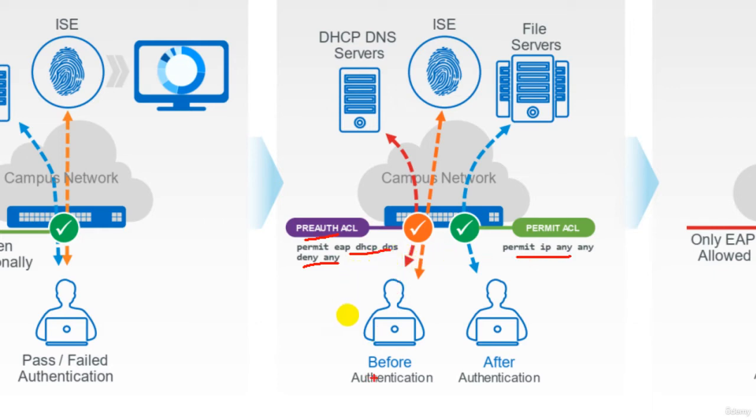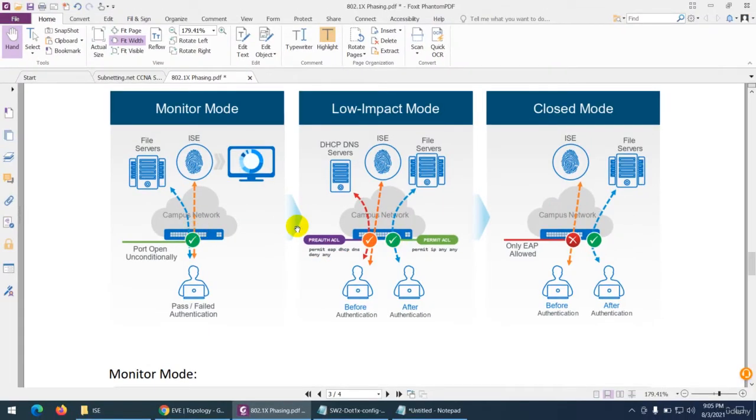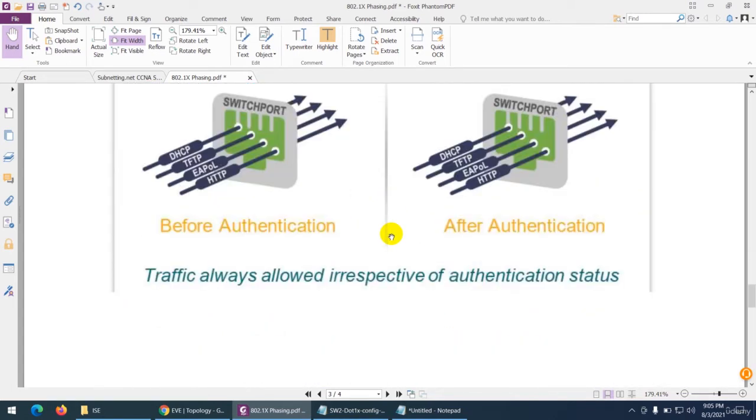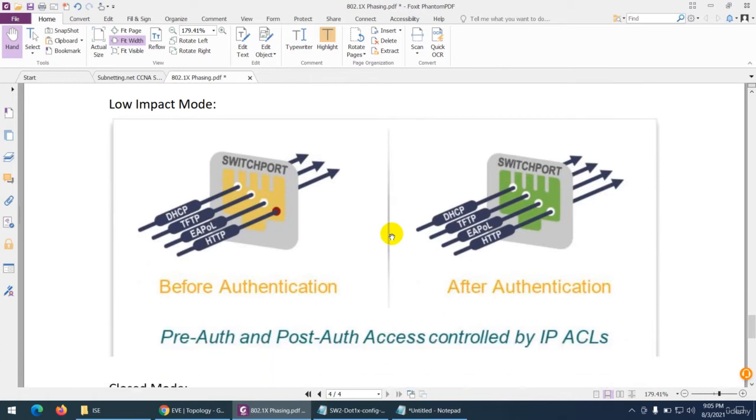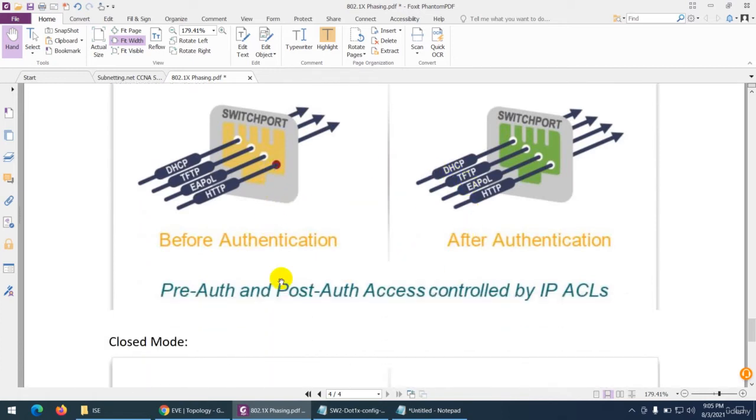So before authentication and after authentication, whatever ACL you put, how you want to configure these ACLs, it's up to you. So this is the difference between monitor mode and low impact. The only difference is the ACL. In monitor mode, before nothing was allowed and after everything was allowed. But there is pre-authentication and post-authentication access control by IP ACL, the ACL which I configure and with which I put restriction.